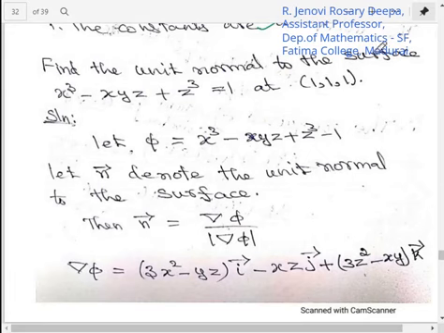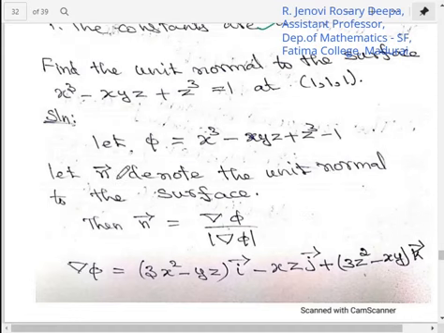Find the unit normal to the surface x cube minus xyz plus z cube equal to 1 at the point 1, 1, 1. First, consider the given surface equation as phi. So phi is equal to x cube minus xyz plus z cube minus 1.